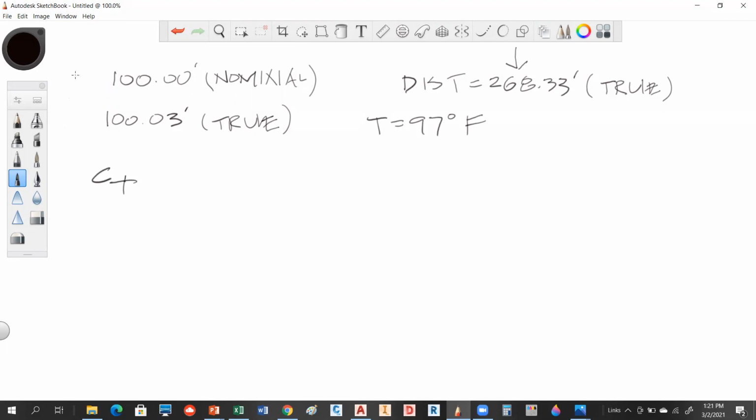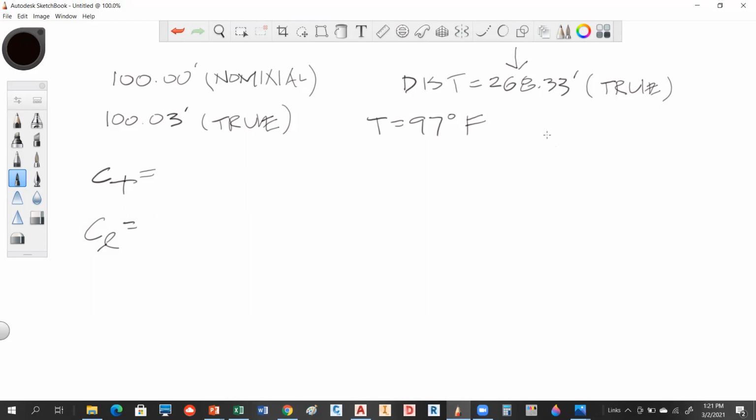Yes, there's an incorrect length. So we've got two corrections that we have to apply. The way you do this is very easy. You solve each correction and then add them together algebraically, and then you apply one correction at the end. So you don't have to correct your distances twice.